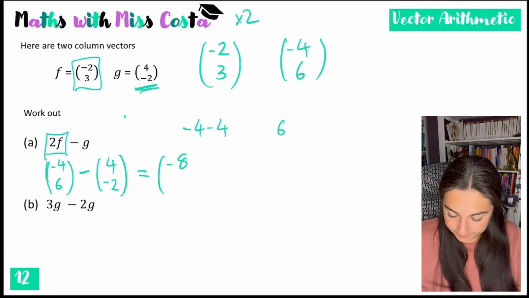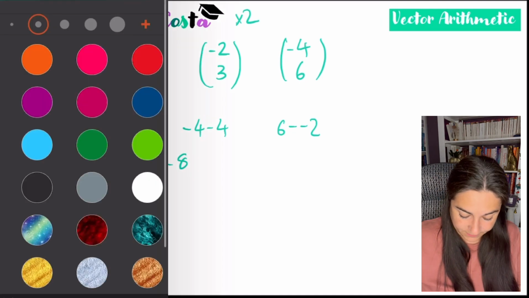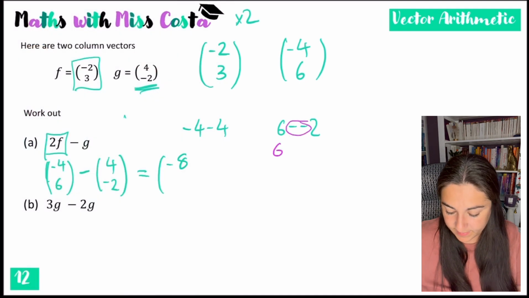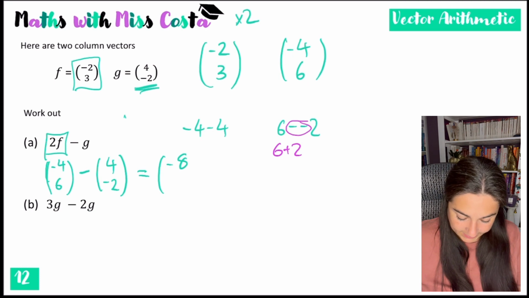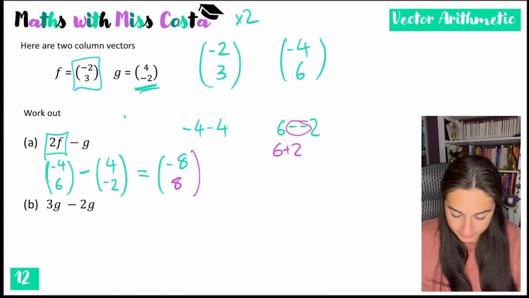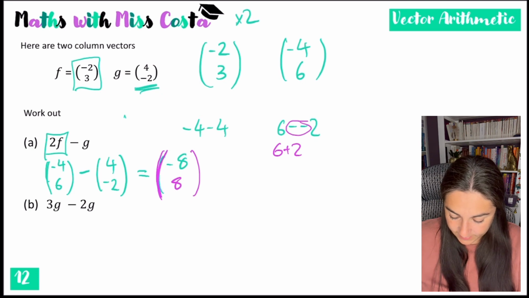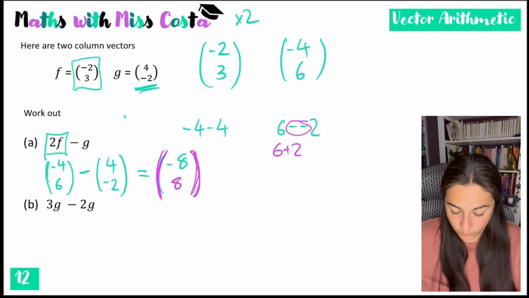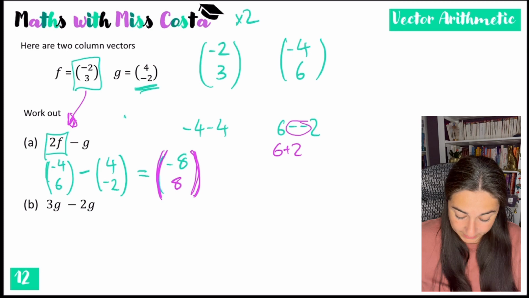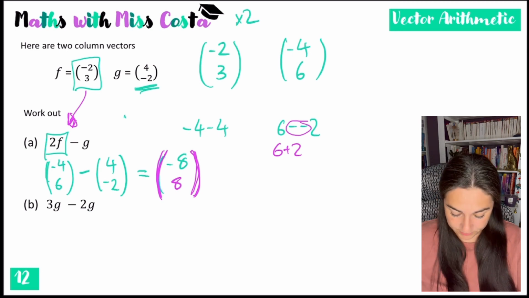And 6, take negative 2. Remember, when you're subtracting a negative, that becomes a positive. So 6, take negative 2 is positive 8. Okay, so that's how we do that vector. That would be (-8, 8). You work out what two lots of it would be by doubling it. And then you just subtract them. Subtract the top parts and bottom parts.